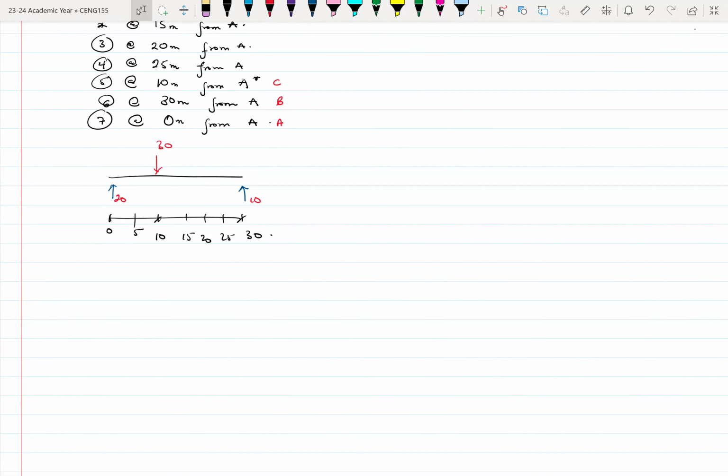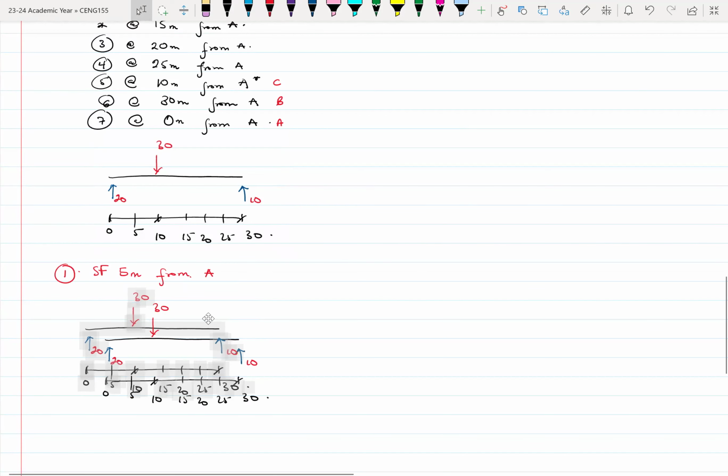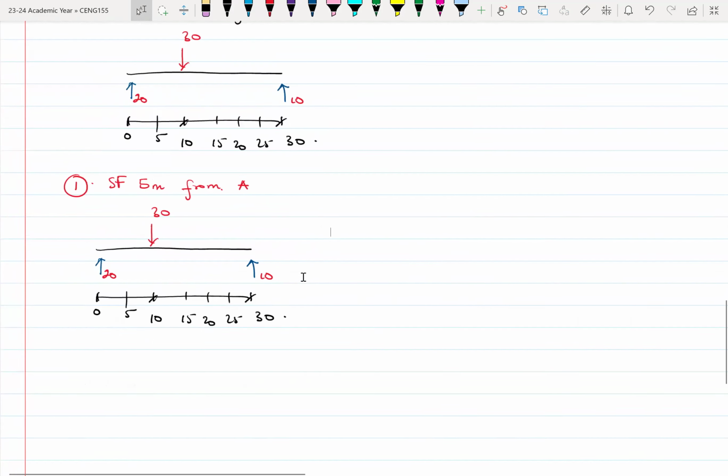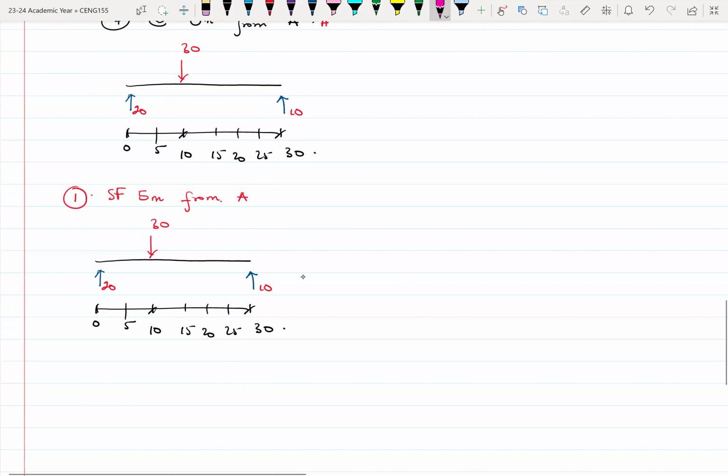So let's look at part 1, shear force 5 meters from A. I take my structure as we have it. It's always easy to make copies. And I cut this section along the 5 meters.